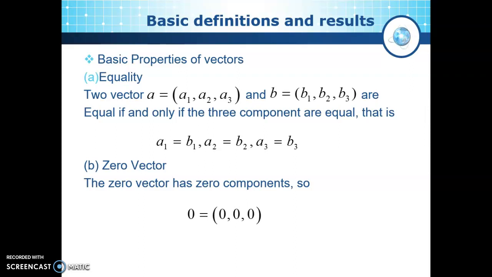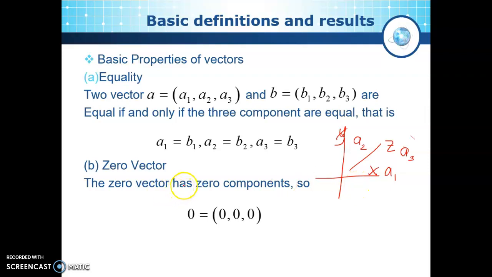Equality, the two vectors A and B. Why do we have A1, A2, A3? Because this is a vector, and we know that vectors have 3 axes, X, Y and Z. Right? So they put A1, A2, A3. Okay, so this is what we call vectors. They are equal if and only if the three components are equal.